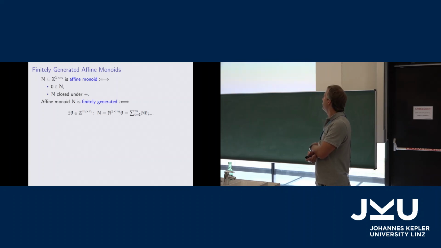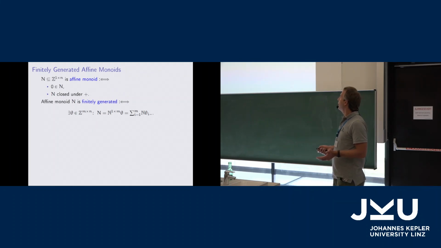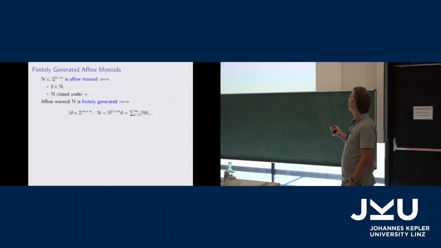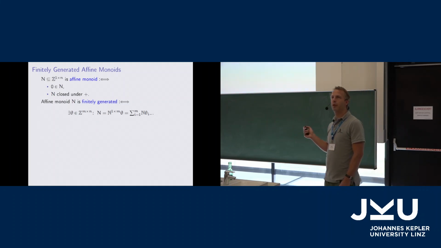The definition is: it is a set which contains 0 and it is closed under addition. And it should be finitely generated, and this means that there are finitely many generators, written in the rows of a matrix theta, such that every point in the monoid can be written as a linear combination of these rows where the coefficients are natural numbers.